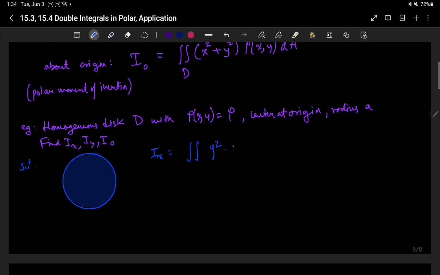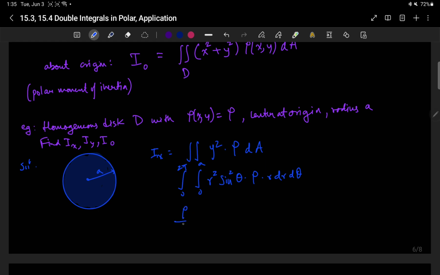So finding Ix would just be the integral of y squared rho dA, and because we're working with a circle of radius a, we can use polar coordinates. So this becomes r squared sine squared theta r dr d theta, from 0 to a, 0 to 2 pi.